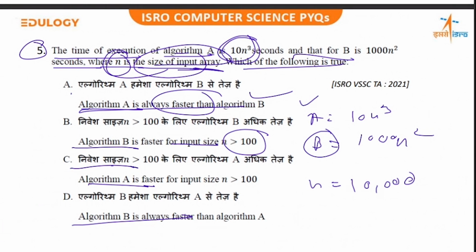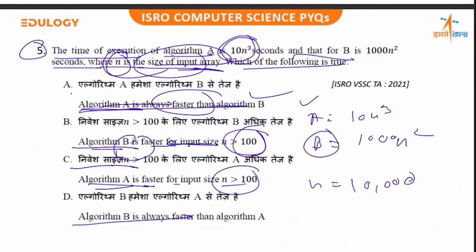So algorithm A is always faster than algorithm B. Algorithm B is faster for input size n greater than 100. No, algorithm A is faster for input size n greater than some value. Okay, always this is wrong. Why?